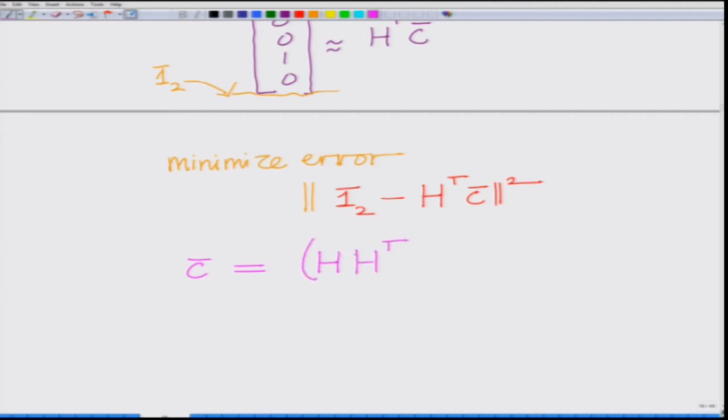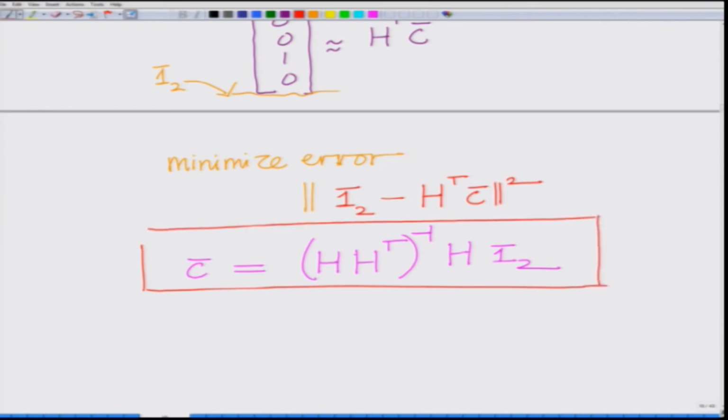Remember, the pseudo inverse of H transpose is H transpose inverse times H, multiplied by this vector 1 bar 2, and this is the equalizer. This is the equalizer that we already designed, and we have also seen it through an example.